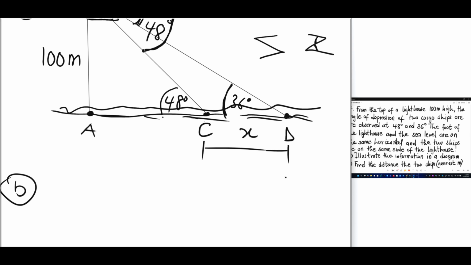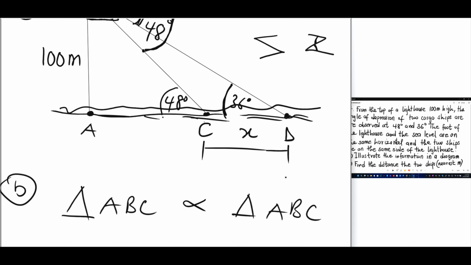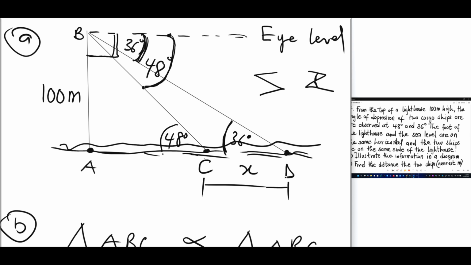All right. Now you could say we have two triangles. We have triangle ABC and triangle ABD. Okay, you could say triangle ABC is inside triangle ABD. So we need to find AC first, because for you to find the X, that is the distance between C and D, you need to consider the bigger triangle.